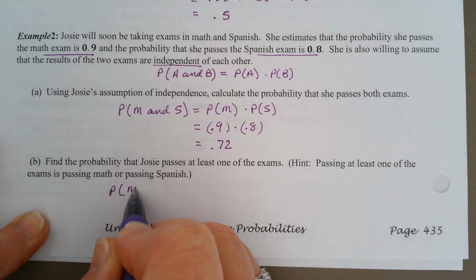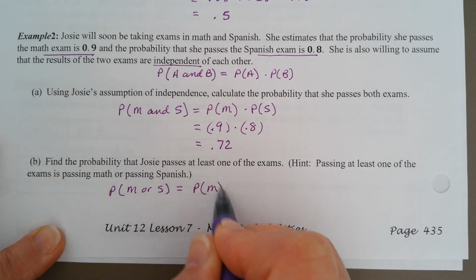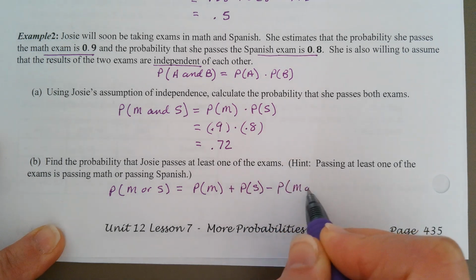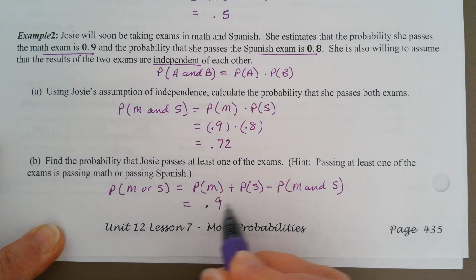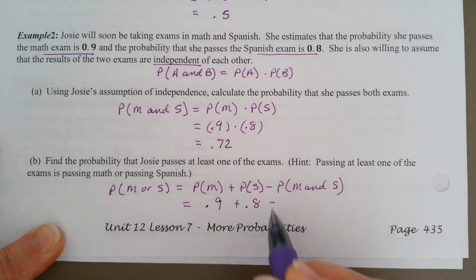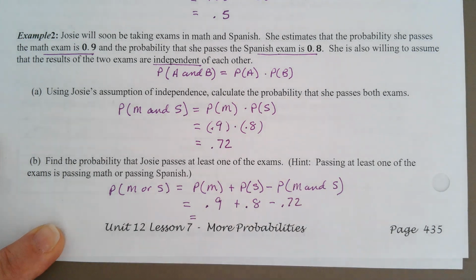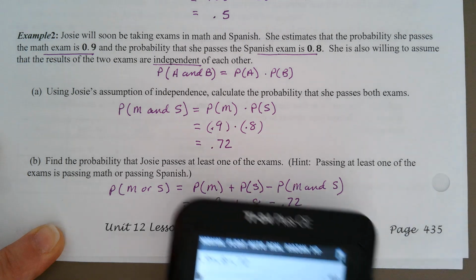So the probability of passing math or Spanish will equal the probability of passing math plus the probability of passing Spanish minus the probability of passing math and Spanish. 0.9 plus 0.8 minus the 0.72 we found above. 1.7 minus 0.72 is 0.98.